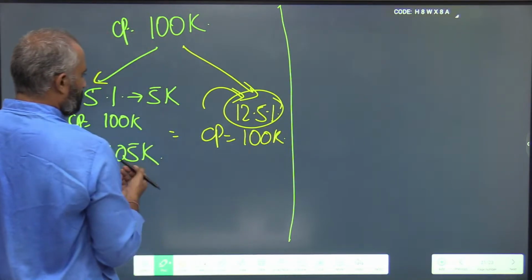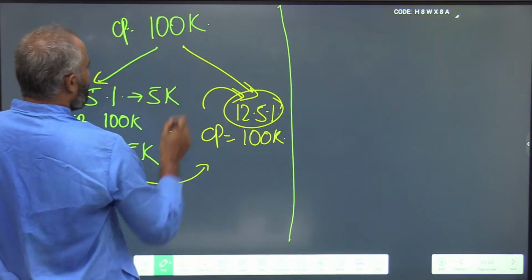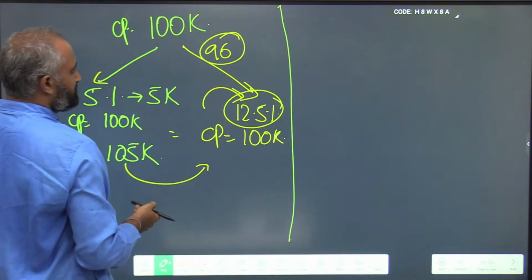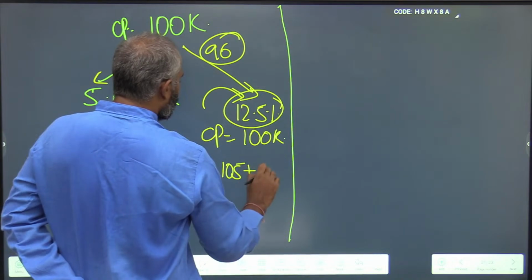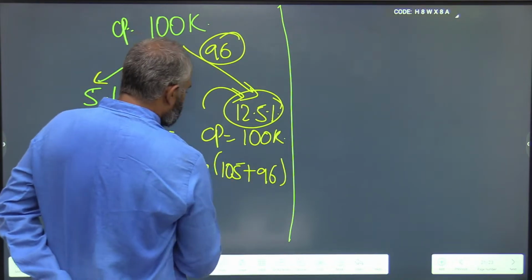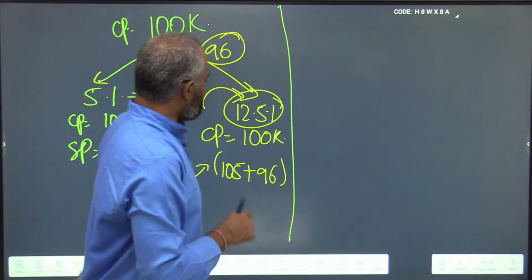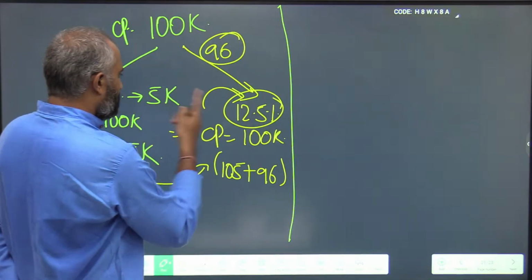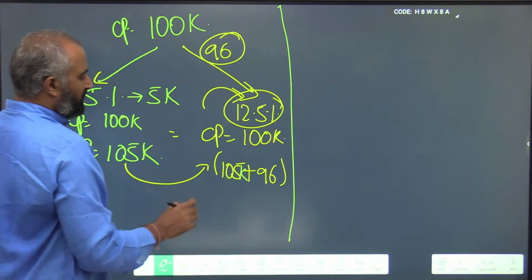Now SP has increased by 96 rupees. So this becomes 105k plus 96, right? When the SP is increased by 96 rupees, the profit percentage is 12.5%. Now you see, what is the only variable here?